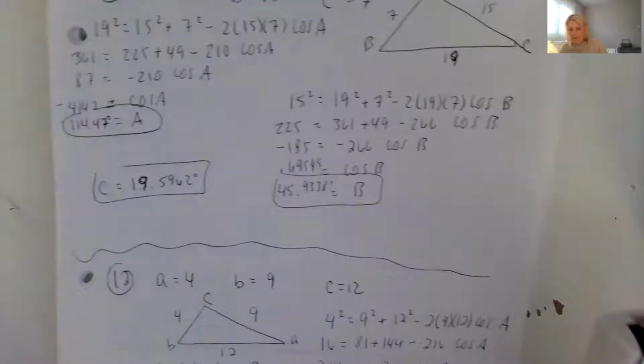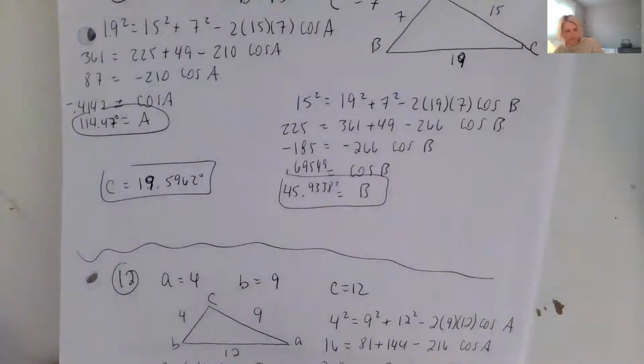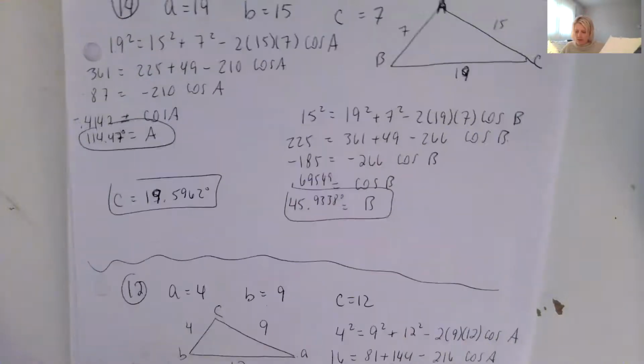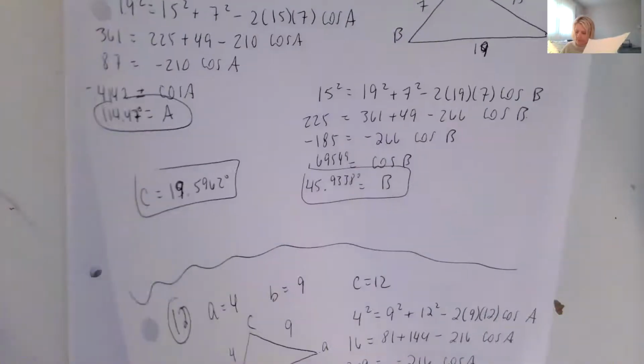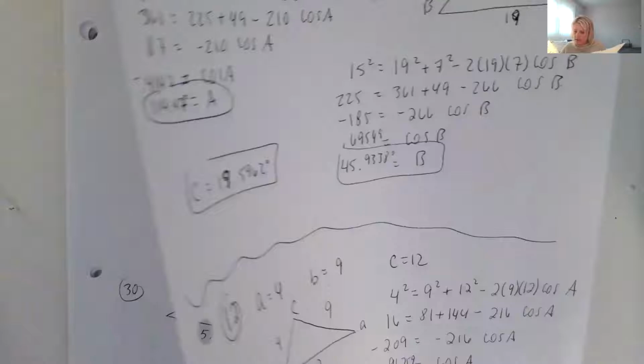We did it! Yay. So that's if we knew all three sides. We did side angle side on the first. No, 12 and 14 were all three sides.